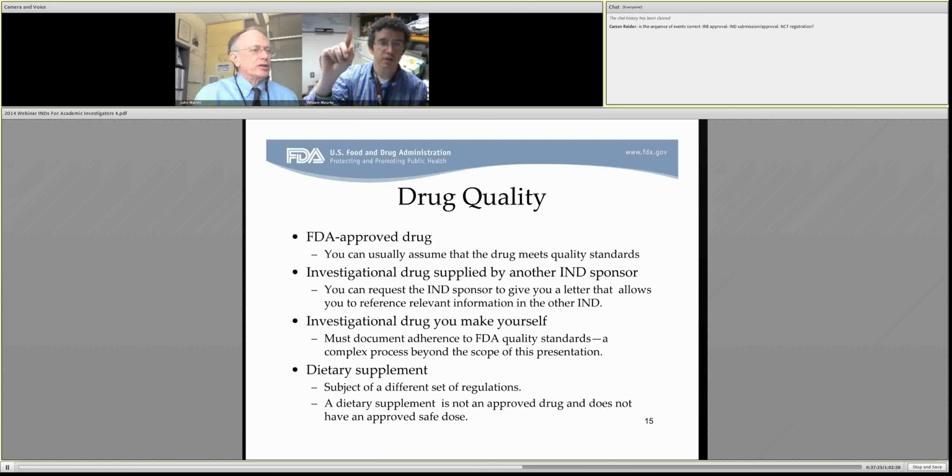Drug quality, as I said: if it's an FDA-approved drug, you can usually assume that the drug meets quality standards, and the way you justify that is simply to attach a copy of the drug label, as I mentioned before, to your application. If it's an investigational drug, it's not approved. Usually you're getting this from a drug manufacturer, and they have an IND, and they will give you a letter that says we can look at the data in their application.